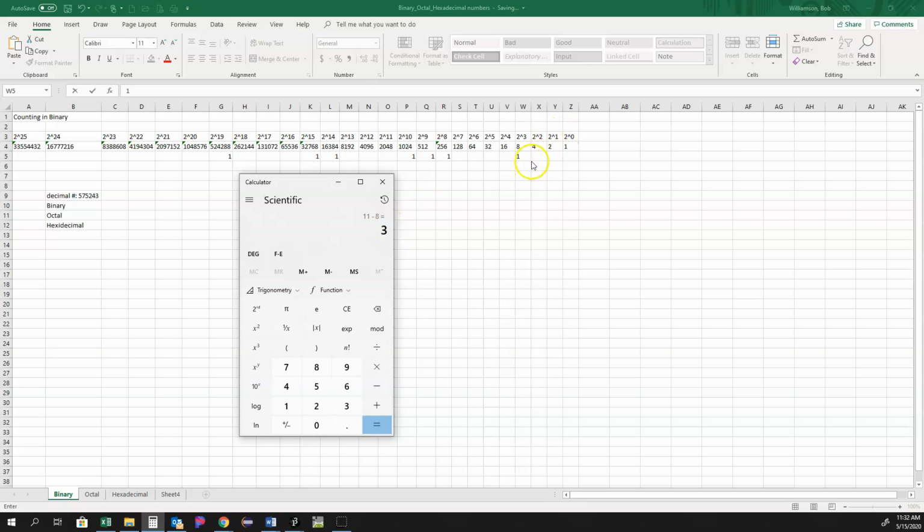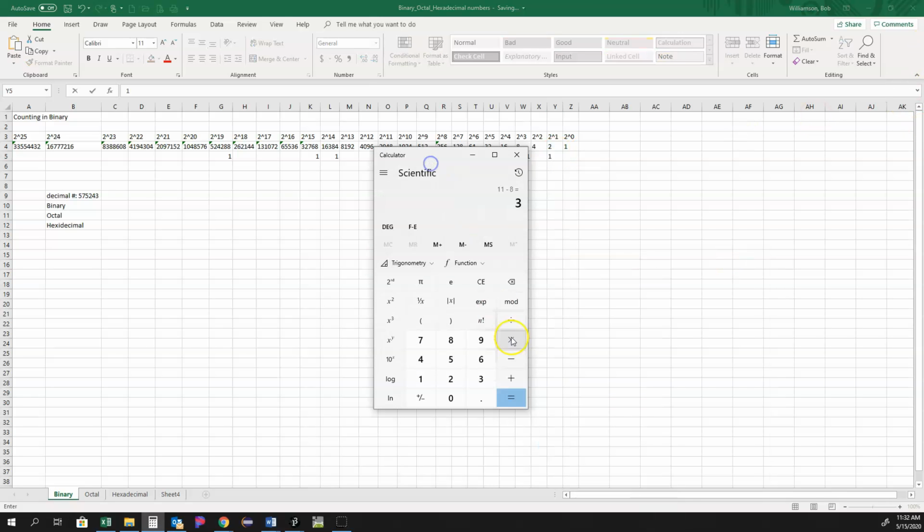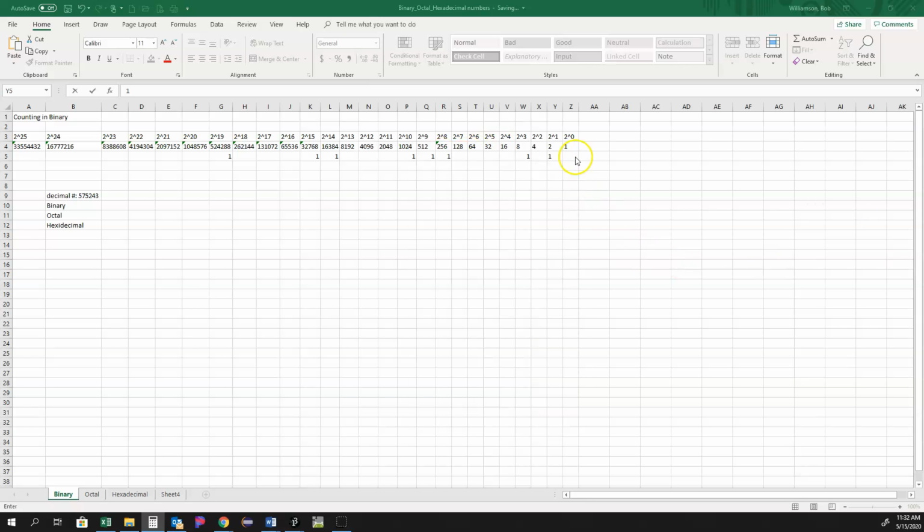I have 3 remainders, so I'm going to activate my 2. I have 1 left, so then I put that in there, 1. All right, the rest are zeros.